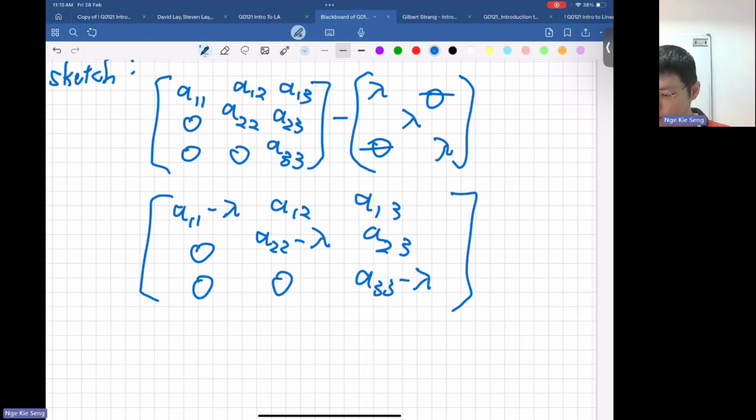We want lambda minus A11 equals 0, lambda minus A22 equals 0, and lambda minus A33 equals 0. But how to do that?